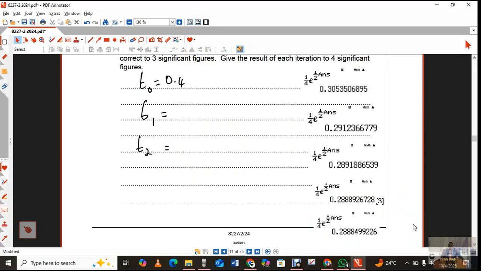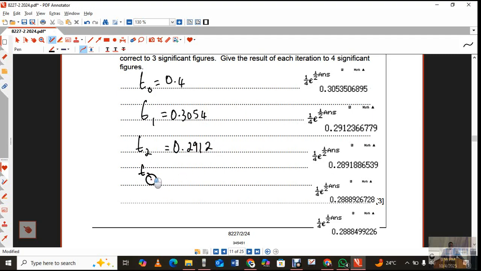So let me just write down my T1 so that I can do that to 4 significant figures, and that is going to be 0.305554. The second one is 0.2912.